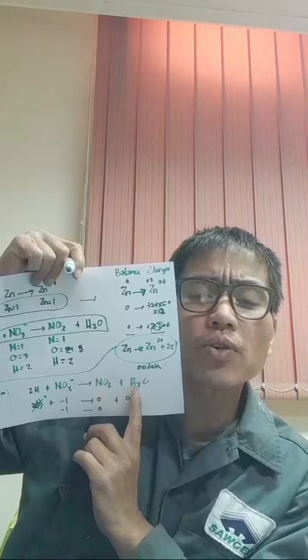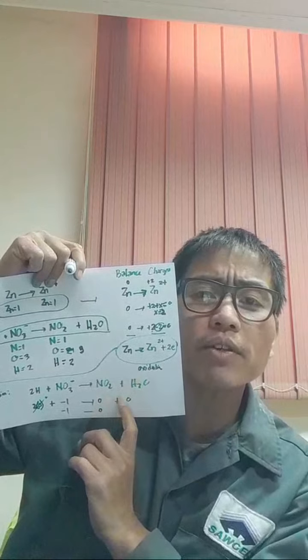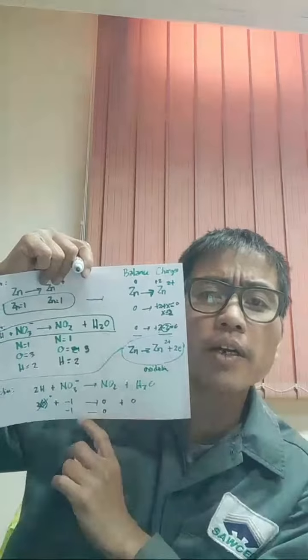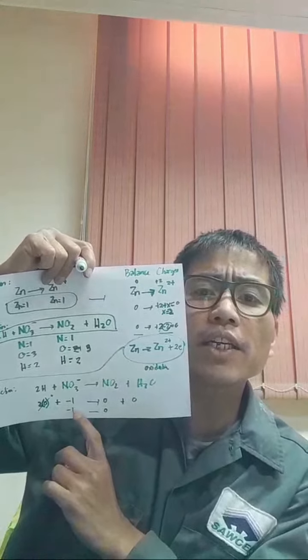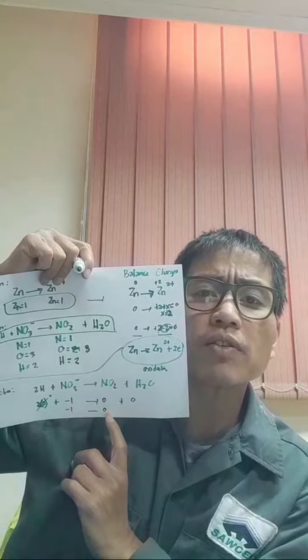And here also H2O, that is 0 because it's a compound. 0 plus 0, 0, negative 1. So we need to add positive 1 here to compensate, to equal the 0 here.